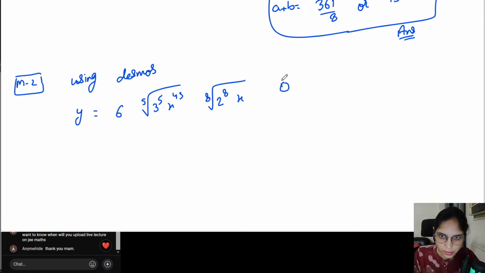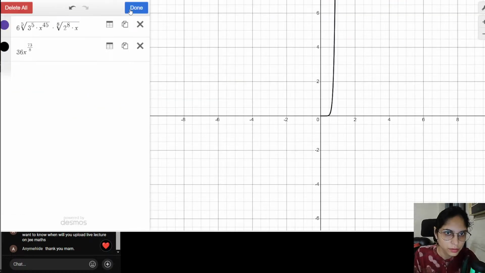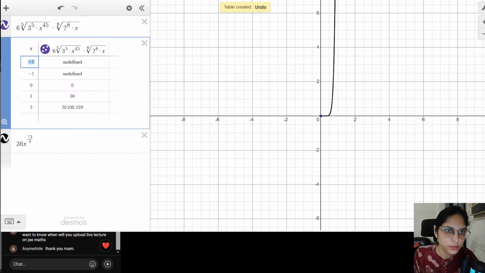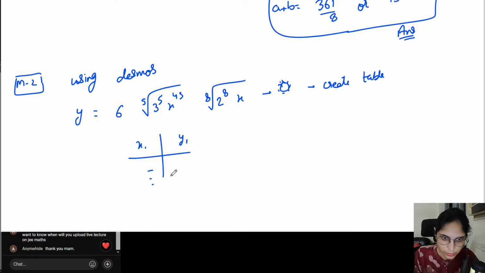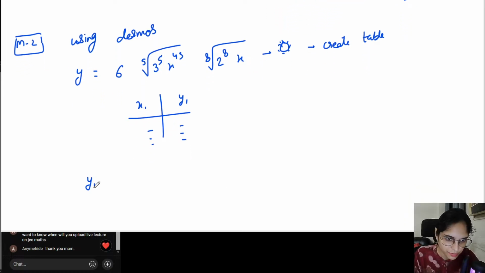And now in the settings over here, you press here or here. You will get an option of create table. You have got a table. In the table, you write x1, y1, and you have got the values. And then you just write y1, a, x1 to the power b. You will get the values of a and b.